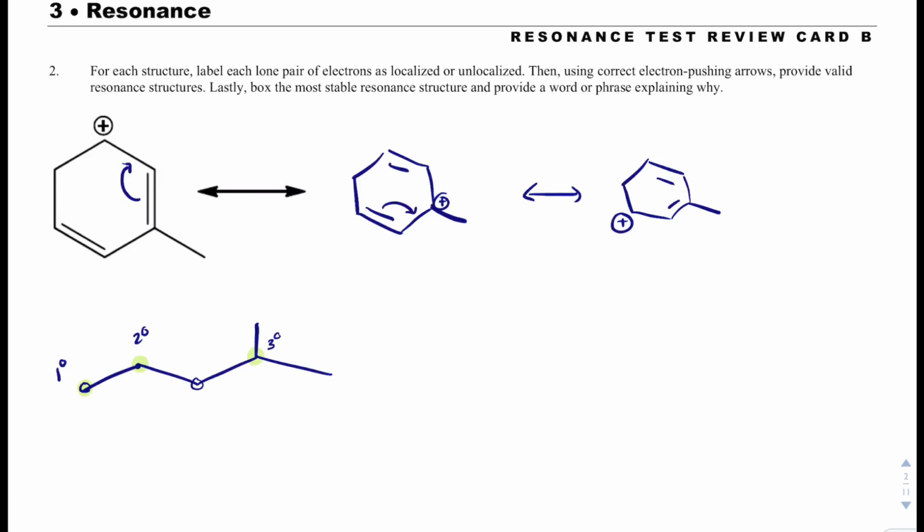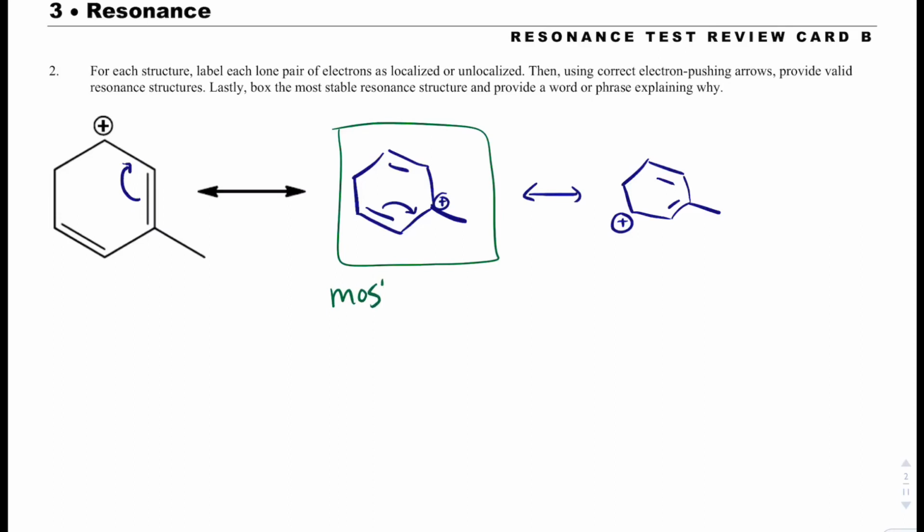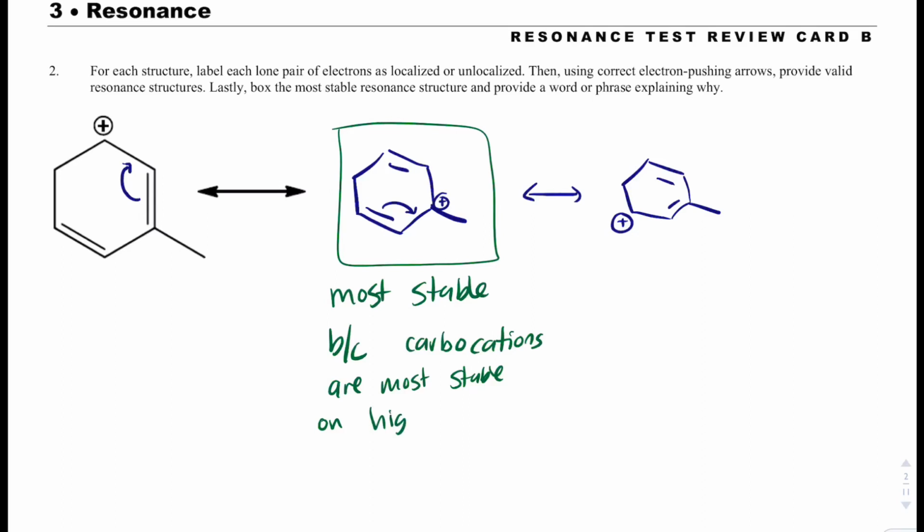And positive charges are most stable when they're on highly substituted carbons. So this one in the middle would be the most stable because carbocations are most stable on highly substituted carbons.